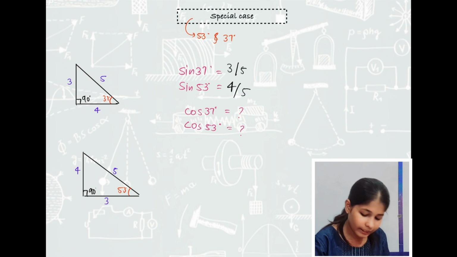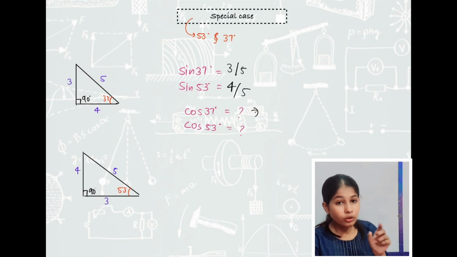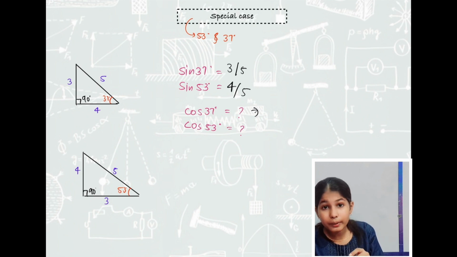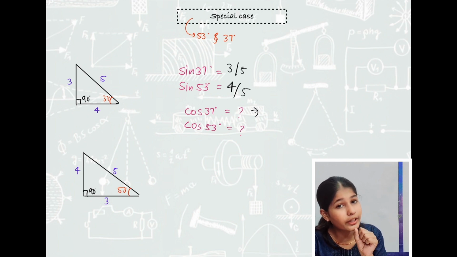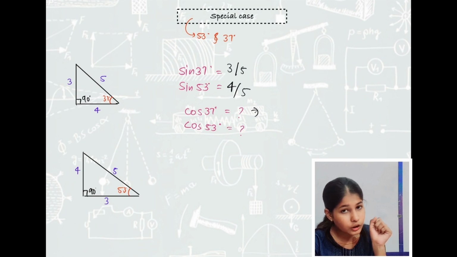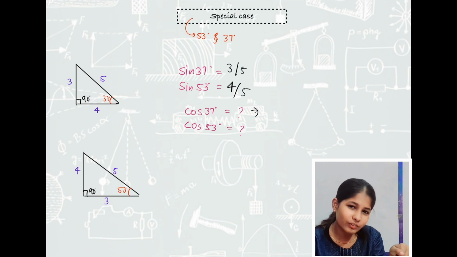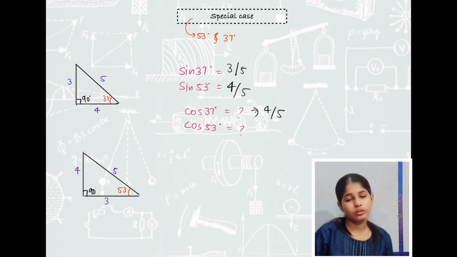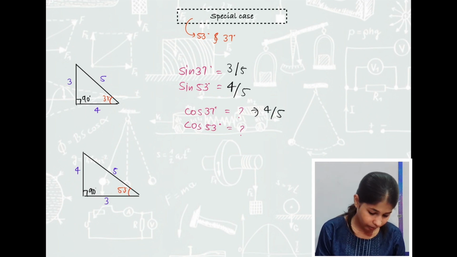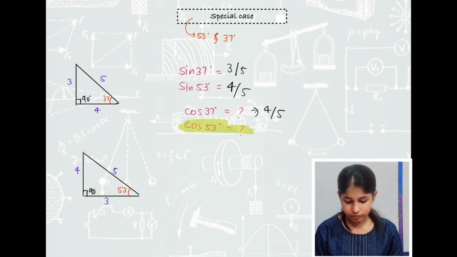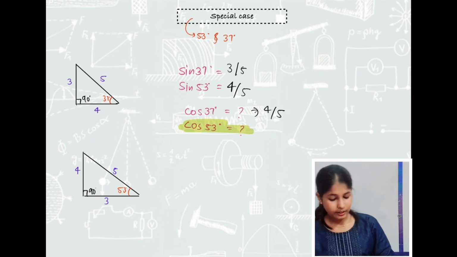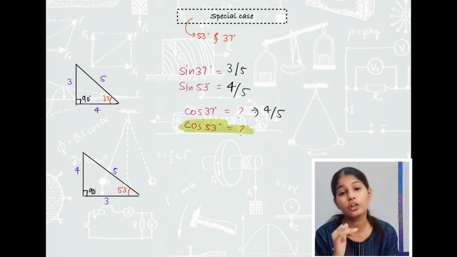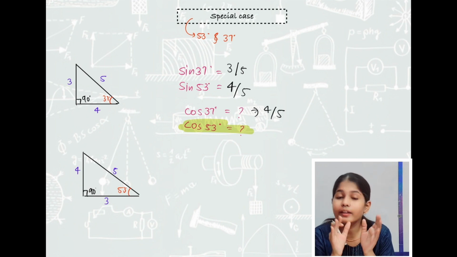Cos 37: cos means B upon H. Because 37 degree is a smaller angle, the perpendicular will be smaller, means 3, and the base will be 4. So 4 upon 5 will be equal to cos 37 degree, and you have to answer in the comment section the value of cos 53 degree. I hope you all have understood the special case of 53 degree and 37 degree.